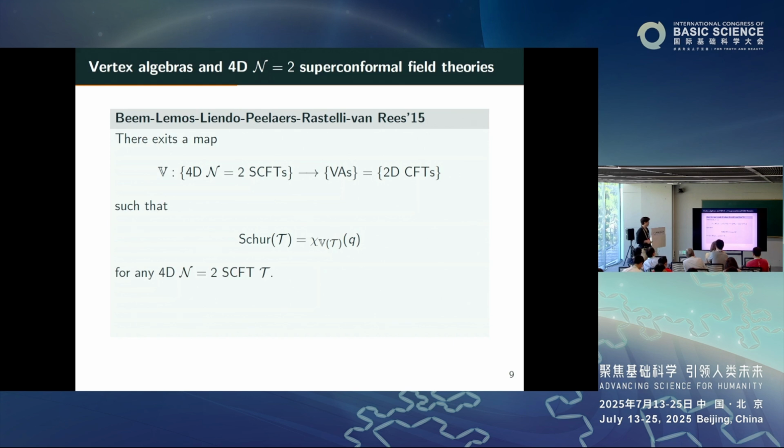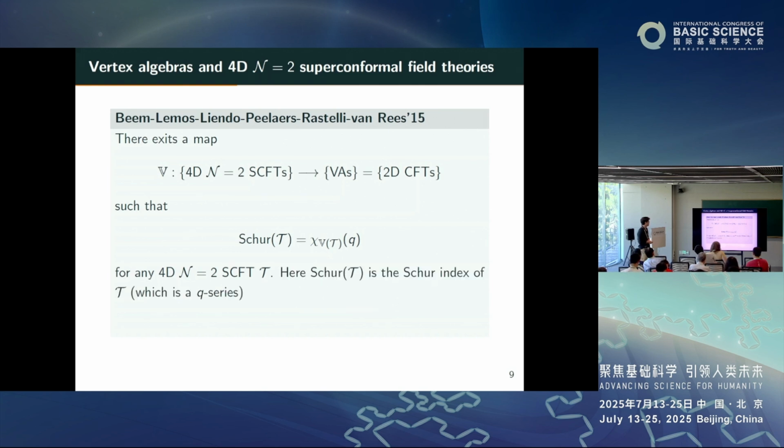This 4D theory is an extremely rich theory, and it has several interesting mathematical invariants. One of them is the so-called Schur index, which is a certain numerical invariant of this theory, which is just a q-series.